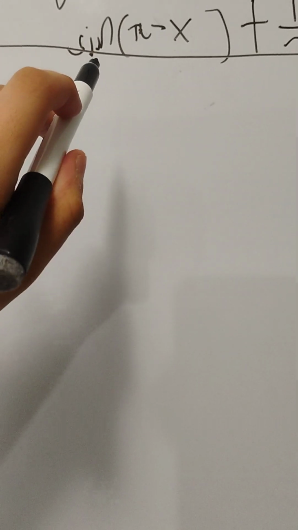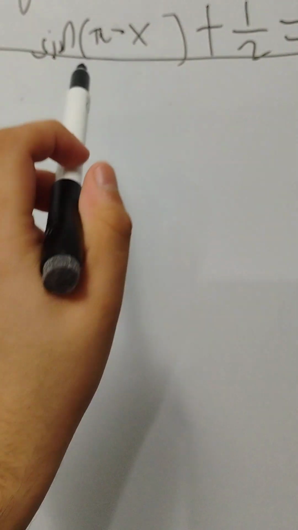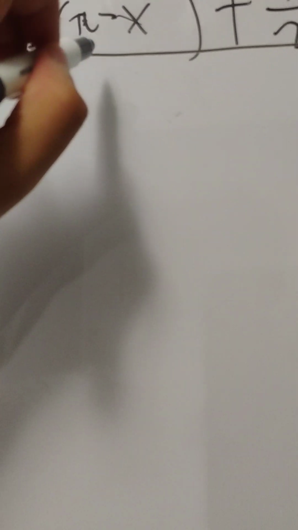So now let's go. Since we have sine of pi minus x, we focus on sine of pi minus x first. We know that sine of a minus b matches this, where a is pi and b is x. So in order to solve this equation, first we think about sine of pi minus x.